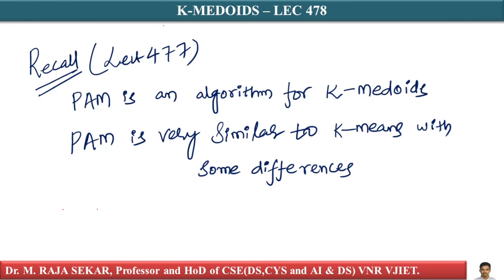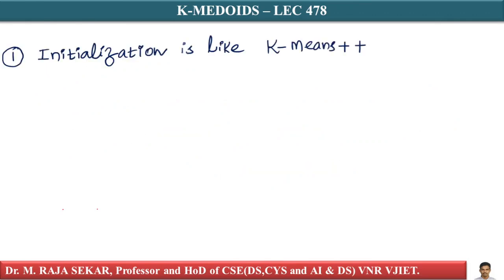This is what we discussed at the end of lecture number 477. So we have the same initialization. You do the initialization again using the same ideas like K-means plus plus.